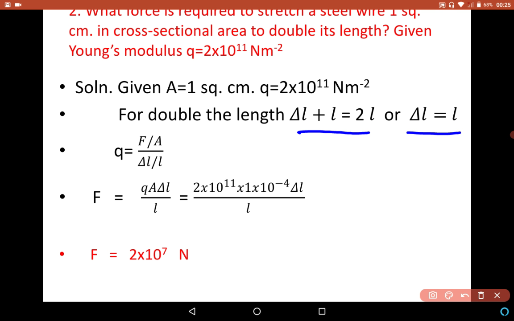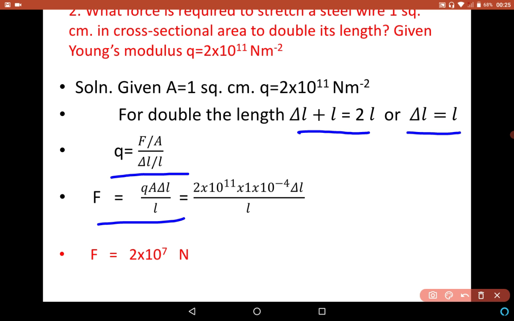Then the equation for Young's modulus is given by force per unit area in the numerator, and in the denominator the strain, change in length to the original length. Therefore, F is equal to Q A delta L by L. Substituting values, the value of Q is 2 into 10 power 11.